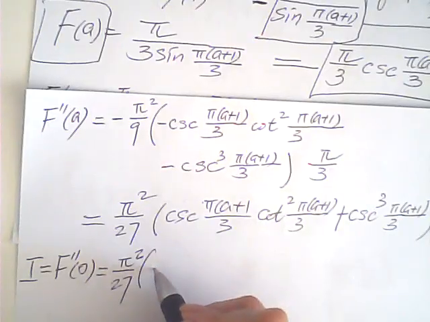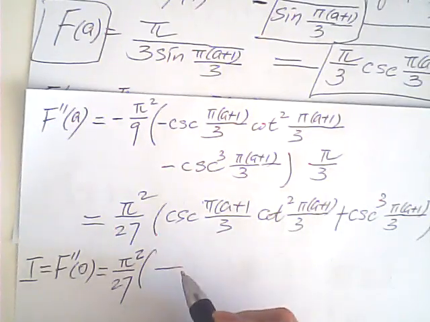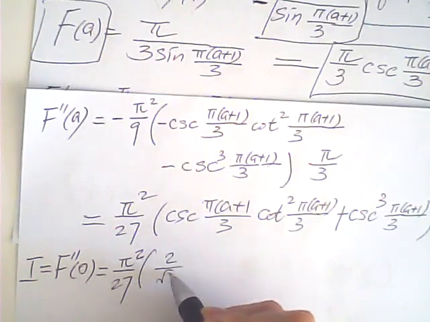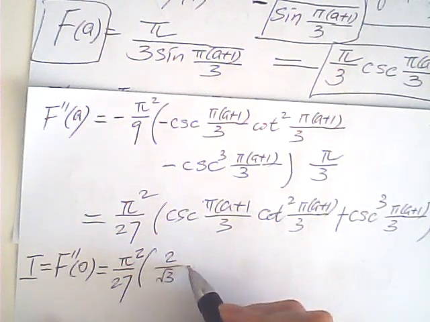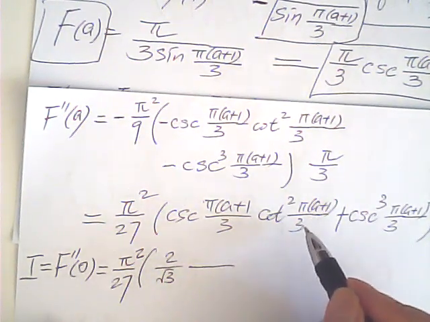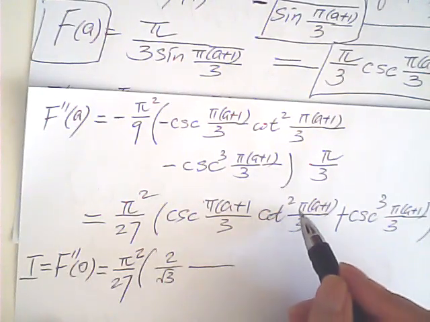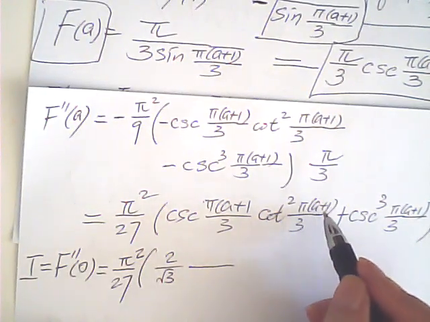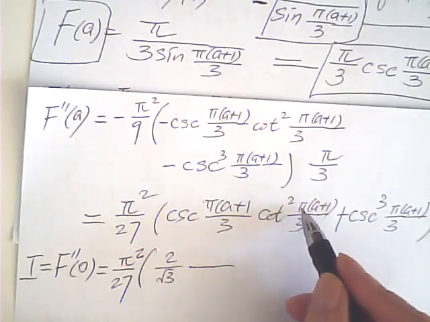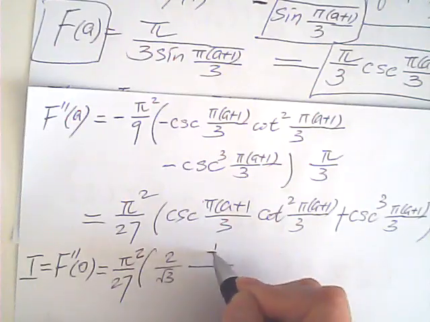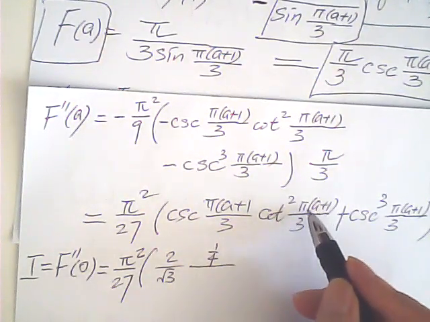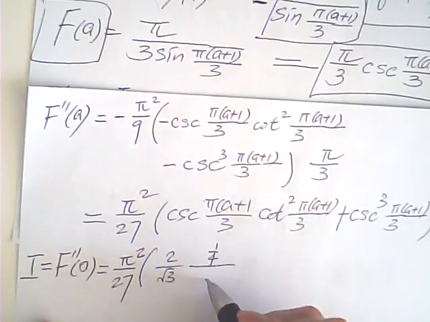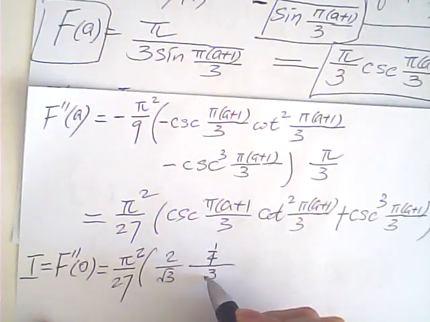Sine of third pi is root 3 over 2, so cosecant becomes 2 over 3, just the reciprocal. Then cotangent is cosine over sine: cosine of third pi is a half, over sine third pi which is root 3 over 2, so after squaring it becomes 1/3.